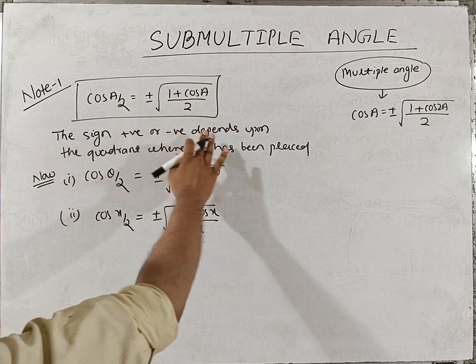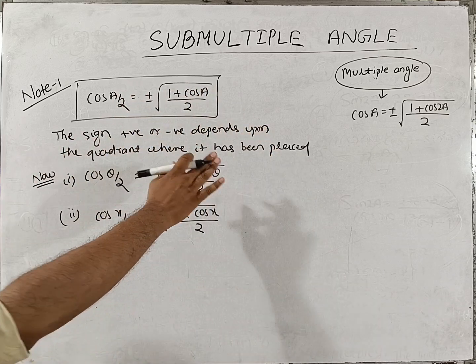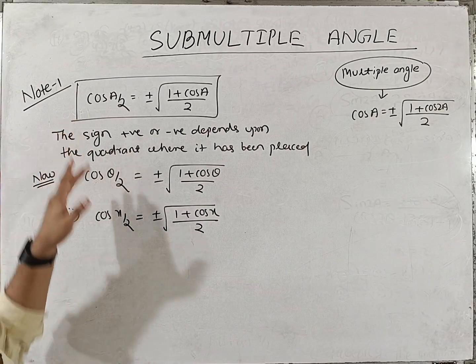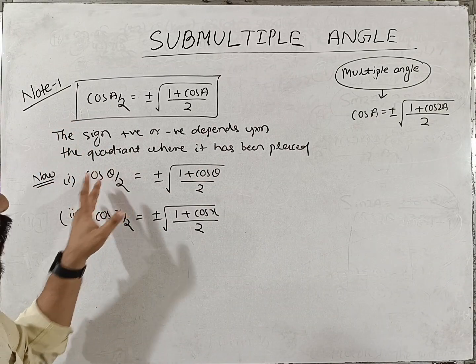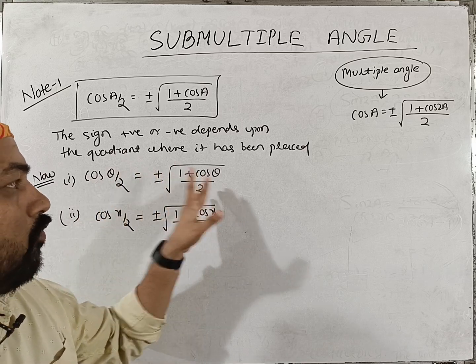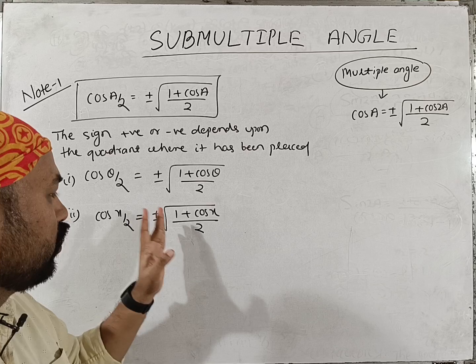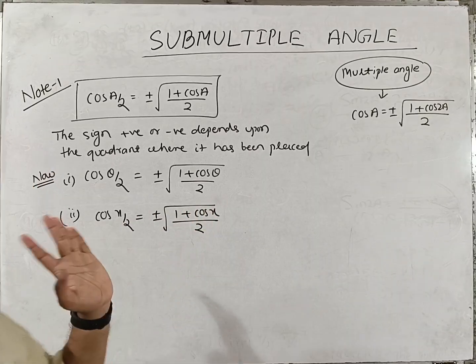Again, the sign depends upon the quadrant. In terms of theta, cos theta by 2 is equal to plus minus square root of 1 plus cos theta whole divided by 2, and cos x by 2 is equal to plus minus square root of 1 plus cos x whole divided by 2.